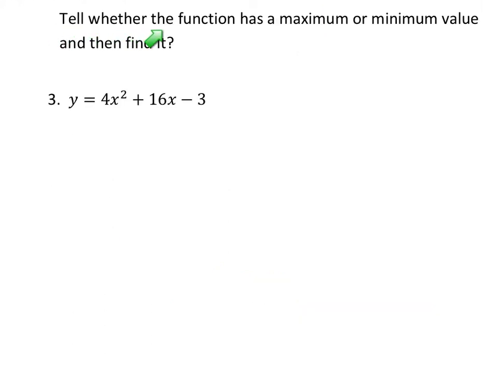Tell whether the function has a maximum or minimum value and then find it. Okay, so let's look. Is a positive or negative? a equals 4, so it's positive, so therefore it has a minimum. Find it? Well, first thing you need to do is find the x-coordinate. So you say x equals negative b divided by 2a.